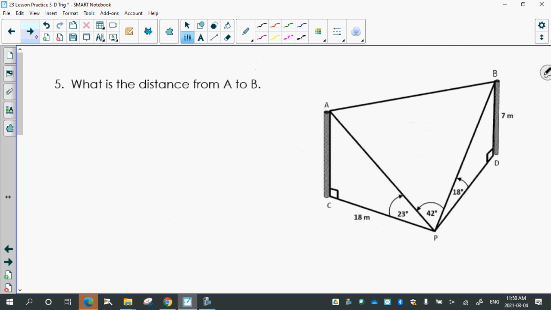Great, last question. What is the distance from A to B? So this is what we want to end up finding. Any ideas?